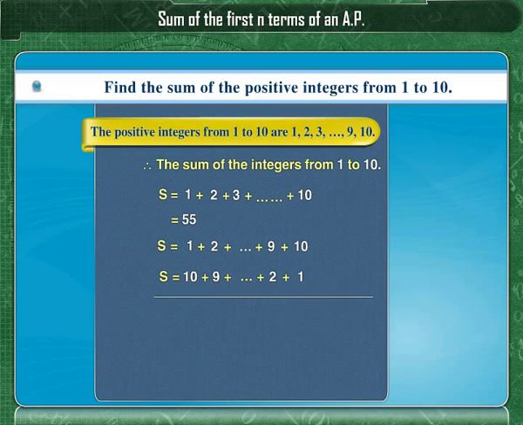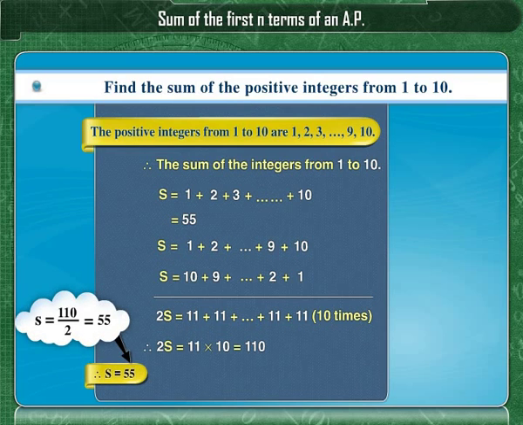When we add both the equations, we get 2S is equal to 11 plus 11 and so on up till plus 11, 10 times. Therefore, 2S is 11 into 10, which is 110. Therefore, S is equal to 55.